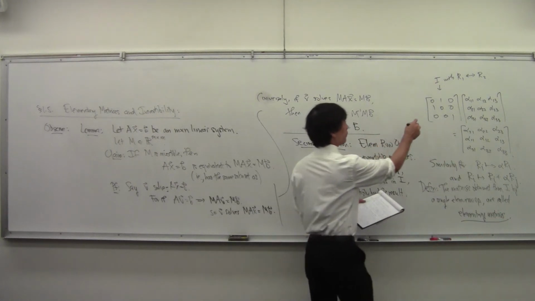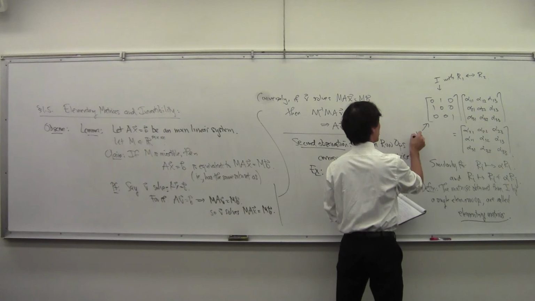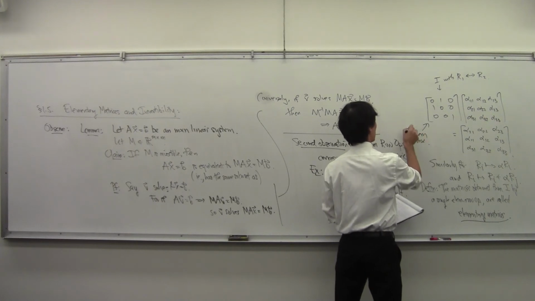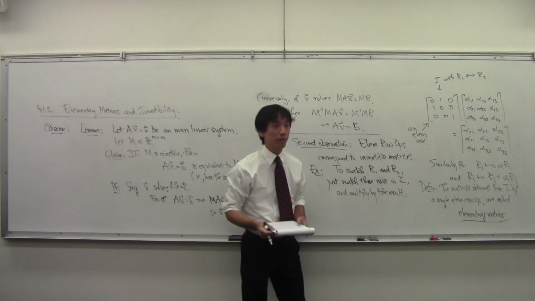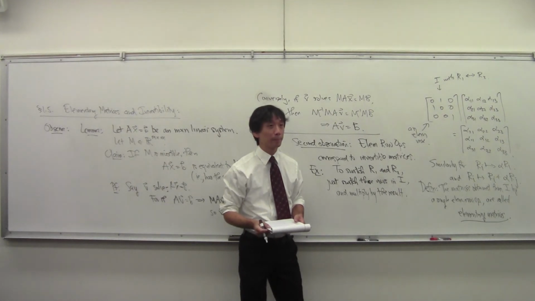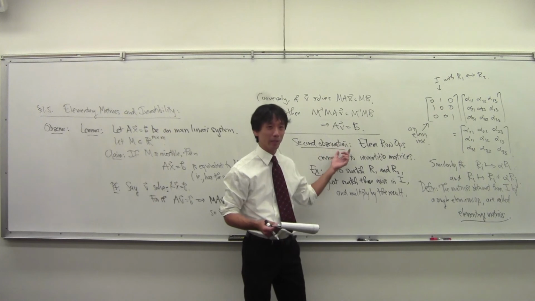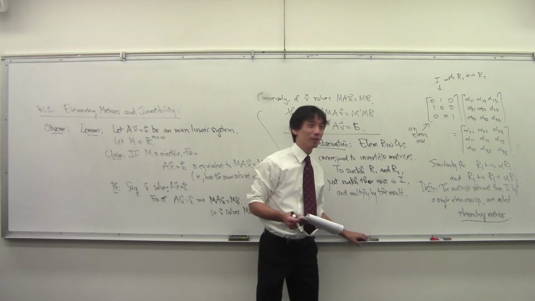Okay, so this, for example, is an example of an elementary matrix. Yeah, Lizzie. Is the inverse of the identity matrix also the identity matrix? Right, because if you multiply by the identity matrix, you get the identity matrix.